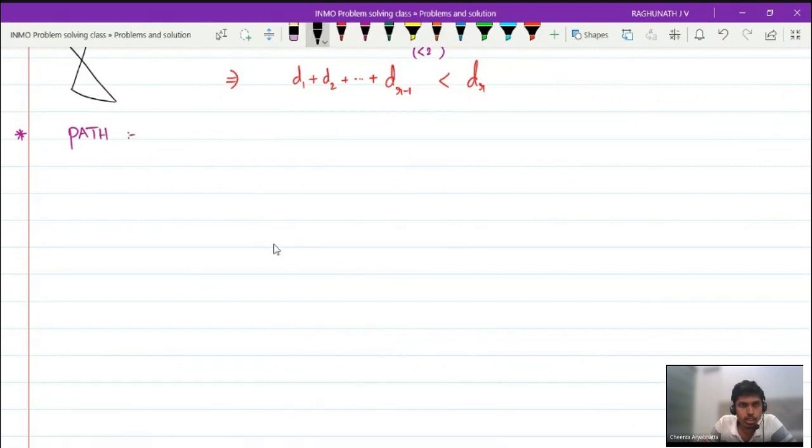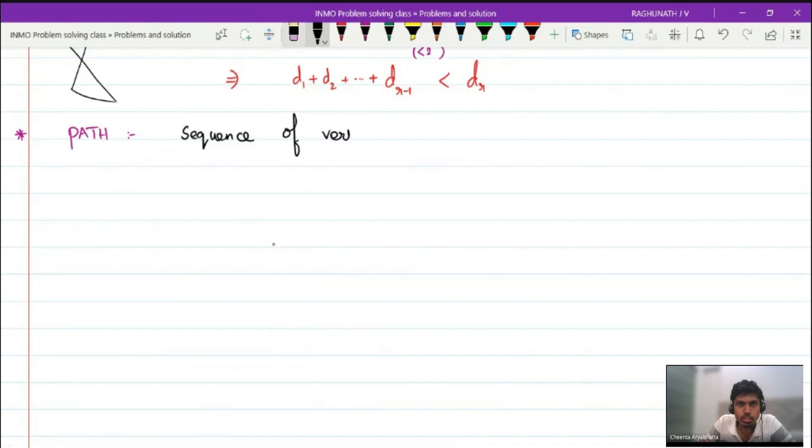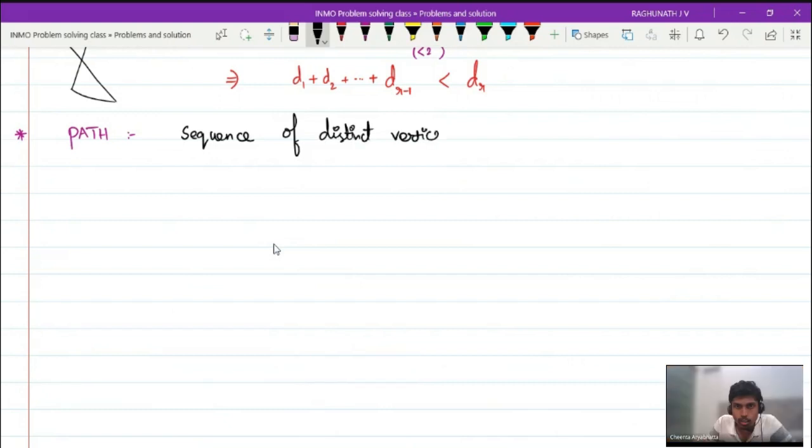A path in a graph is a sequence of distinct vertices, for example x0, x1, x2, x3, x4, like that. And what is a connected graph?